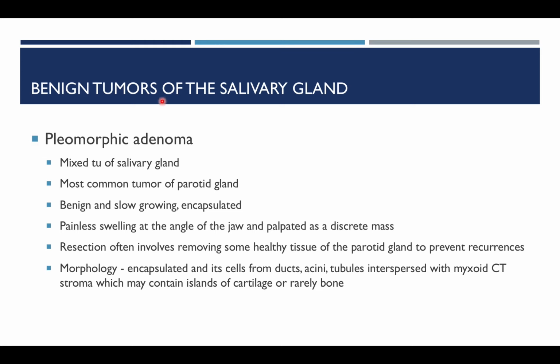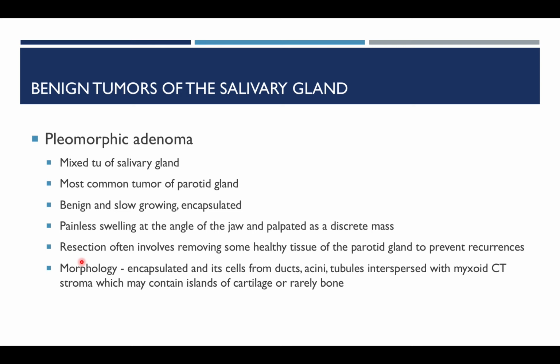Therefore, these benign tumors can be seen commonly in the parotid gland, which is a major gland. So pleomorphic adenoma is a mixed tumor commonly found in the parotid gland. They are benign, slow growing, and well encapsulated. They tend to be painless but can cause swelling and can be easily palpated.